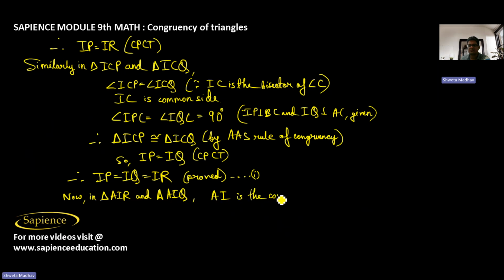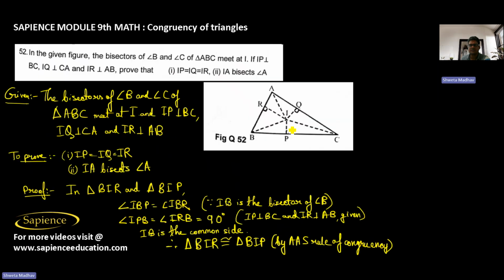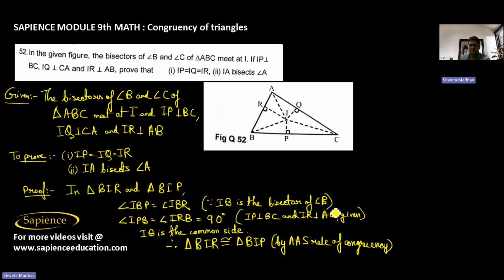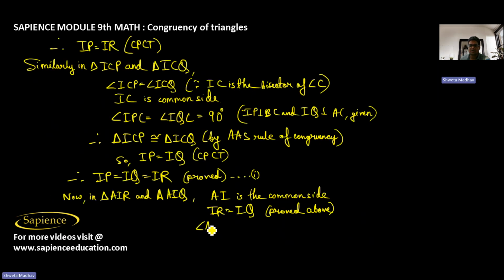And IR is equal to IQ, which is proved above. And angle ARI is equal to angle AQI, which is equal to 90 degrees.